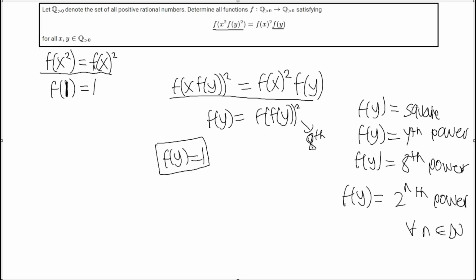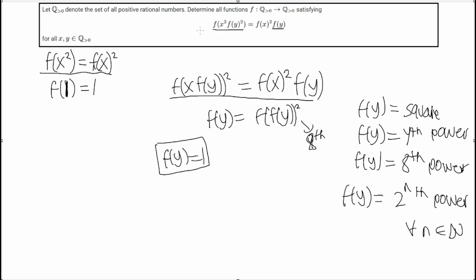In particular, we use that f of y is a square, and also a fourth power, and an eighth power, and a 16th power, and so on and so forth. In general, it is a 2 to the nth power of some other rational number. And clearly this is nonsense for the rational numbers, unless it is equal to 1.